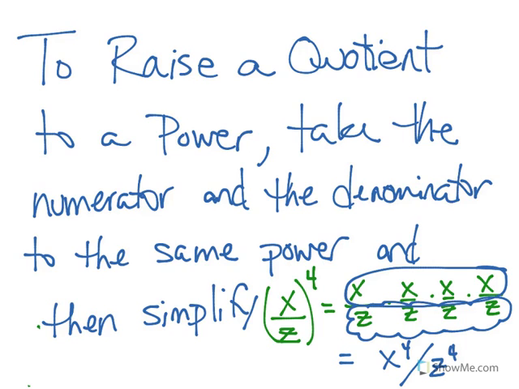If we just follow the rule that we stated up above, that we raise each, the numerator and denominator, to the same power and then simplify, it's almost as if we're distributing this exponent. So it would be x to the 4th over z to the 4th.